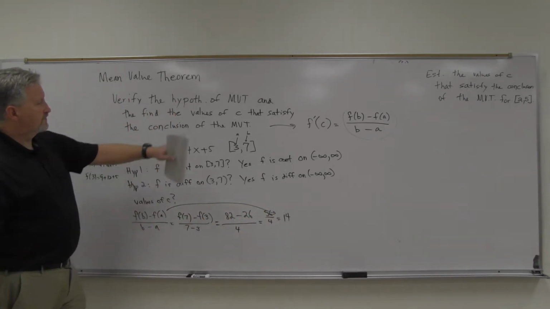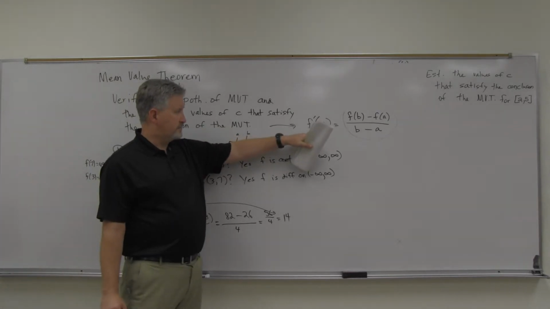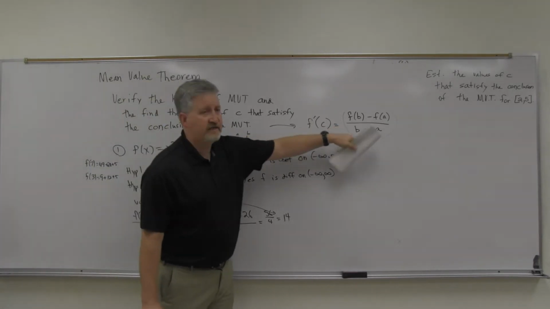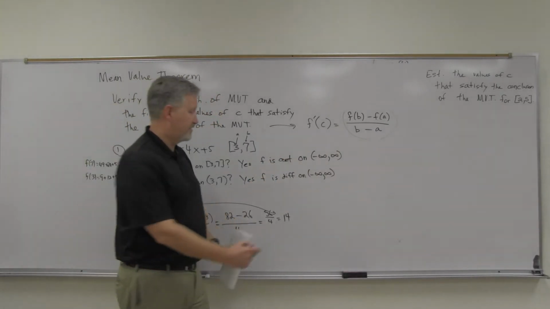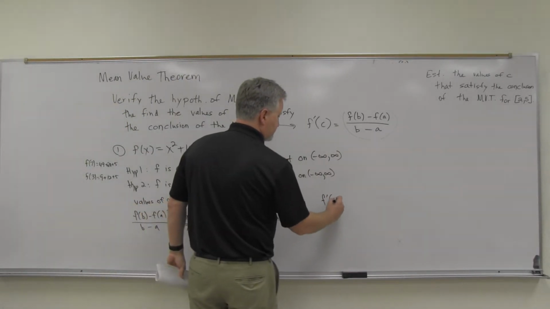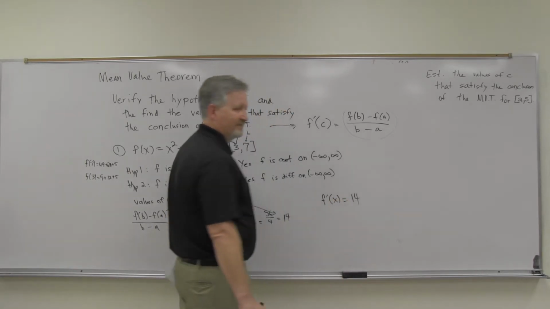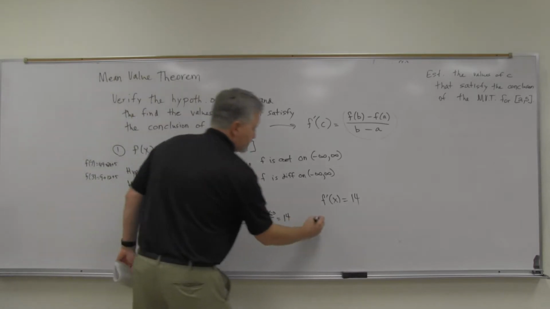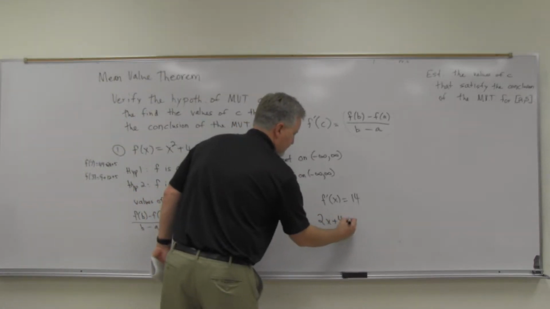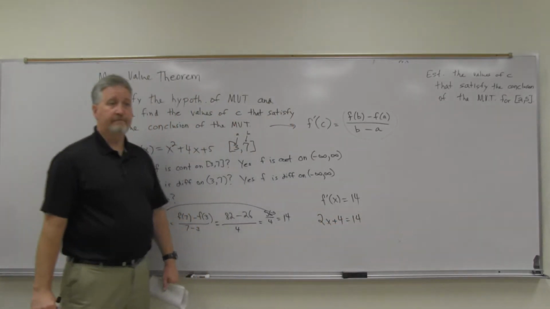Well, so the C that satisfies the conclusion then is f prime of C equals that. So in this case, I don't set the derivative equal to 0. I want the derivative equal to 14. Now what's my derivative? 2x plus 4. So I get 2x plus 4 equals 14. With me there?